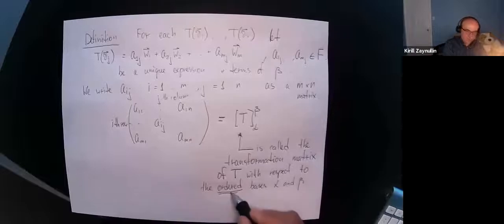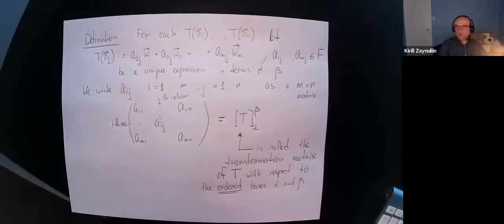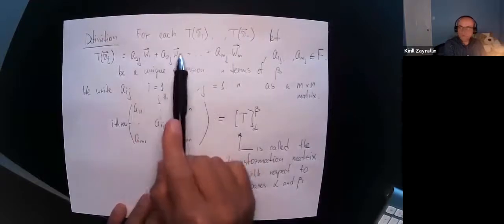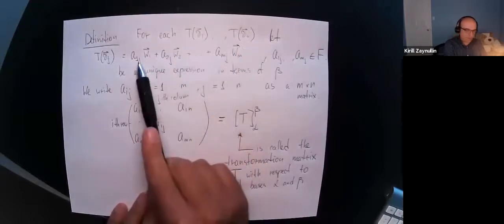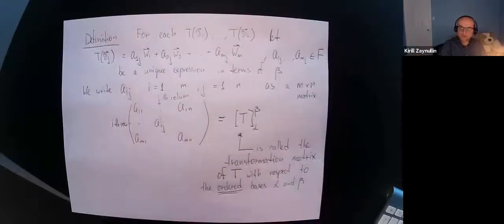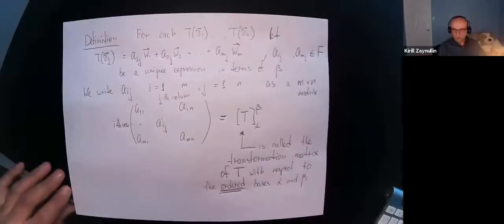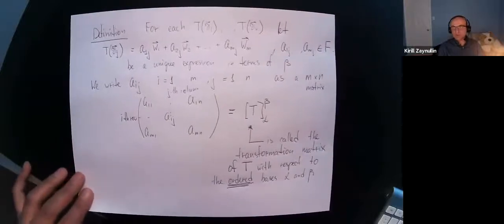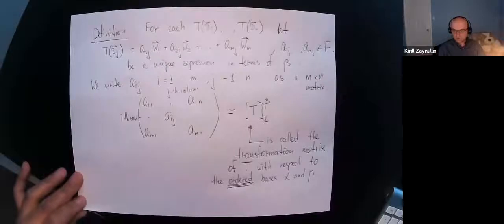Why did I put the word ordered? Because of course the order does matter. We have to fix the order of basis vectors so that we fix the rows and columns. So that's why I put here the word ordered. In this way we get a transformation matrix of a linear transformation.